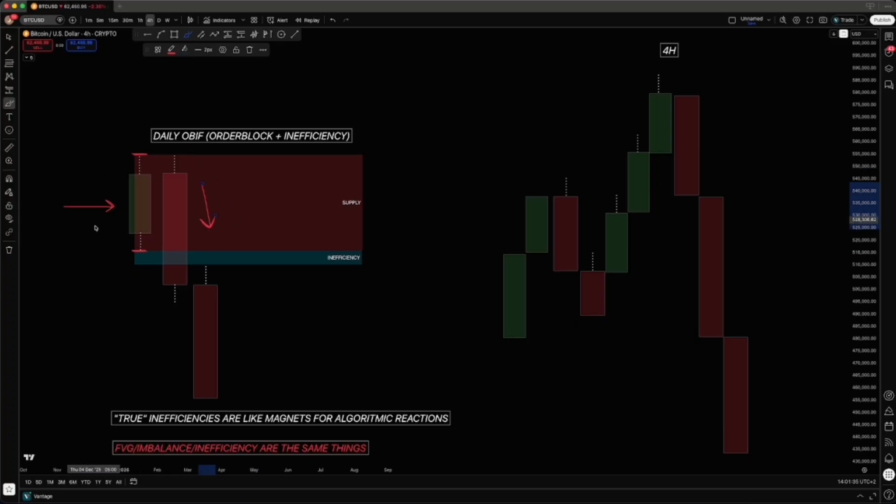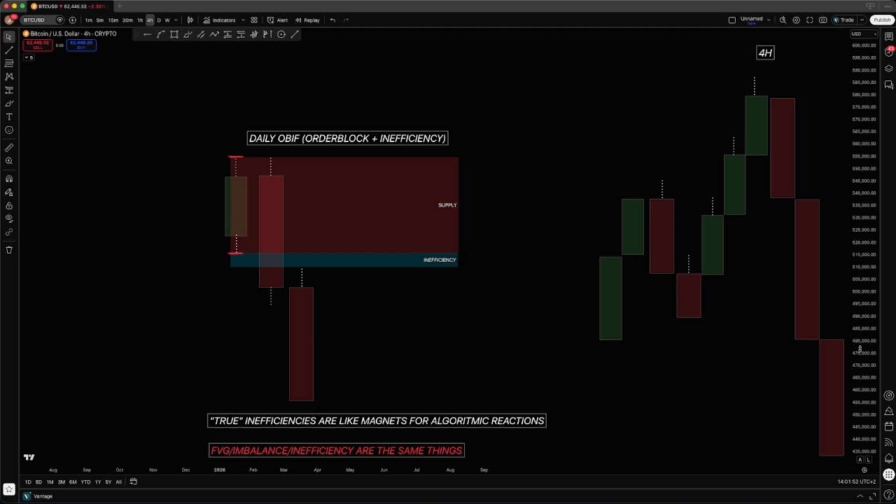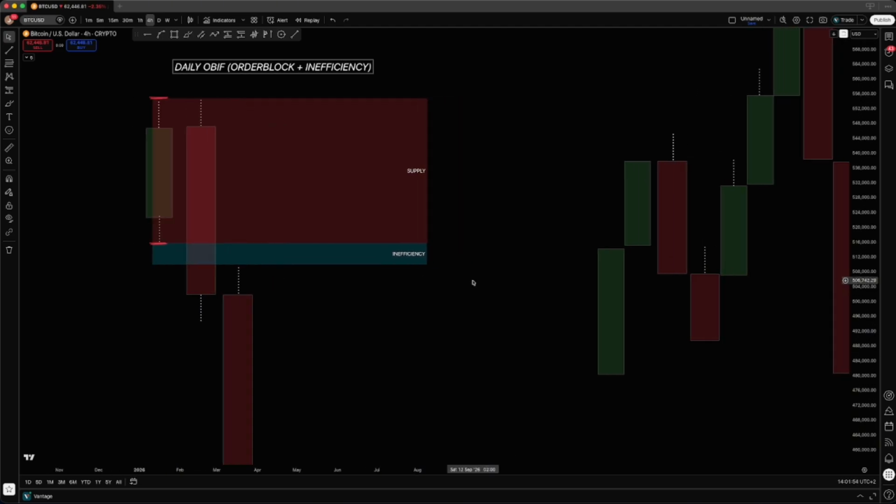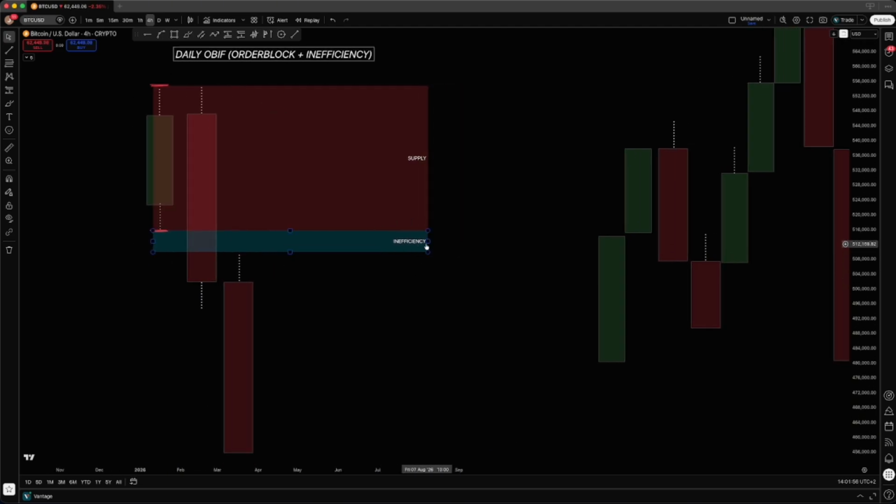This was a real battle between the buyers and the sellers, and the buyers lost the battle to the sellers. So we call it supply. There are a lot of sell orders coming in at this place and the buyers lost their momentum. So I think most of you know the word fair value gap a lot, but we see a true imbalance below.